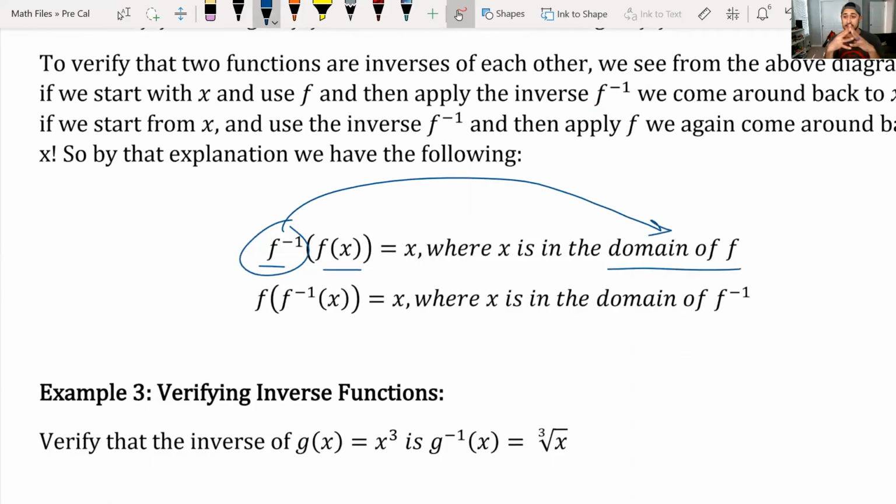So if you put the two functions together, the only way this composed function would work is if it obeys the domain of the function it's composing with. Same thing here. If f composes with the inverse of f, then f has to take the domain of the inverse. So that's how compositions work, we always take the domain of the function we're composing with.